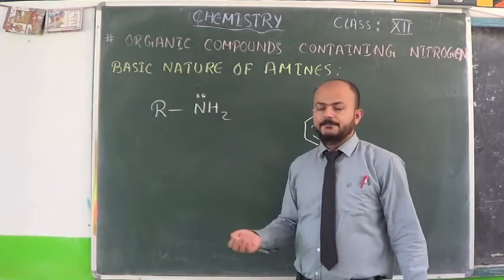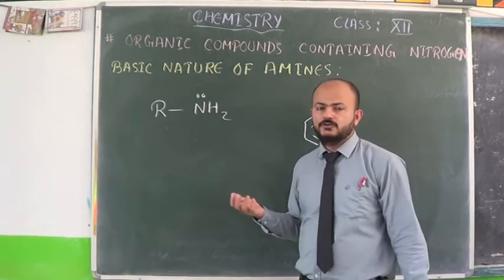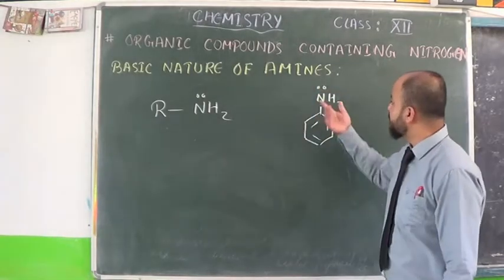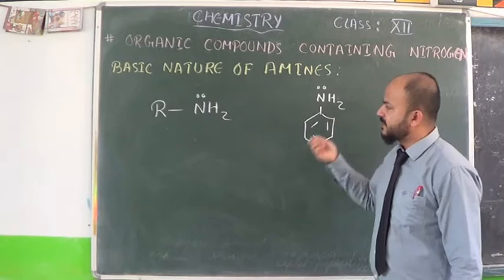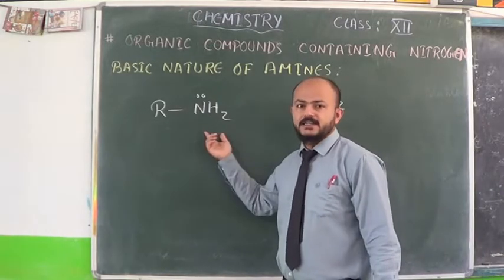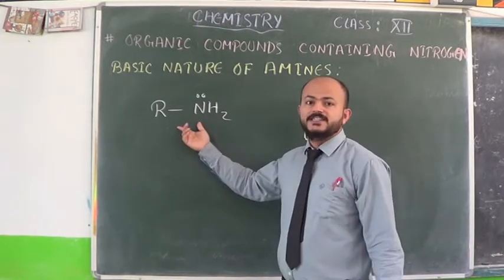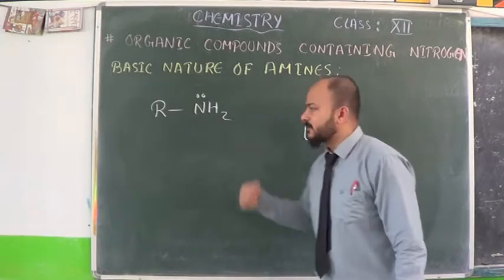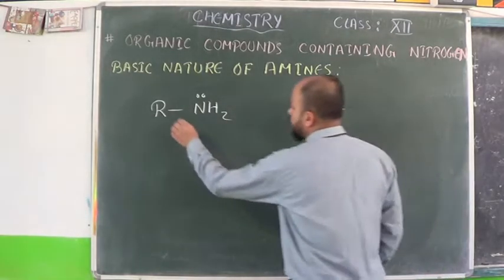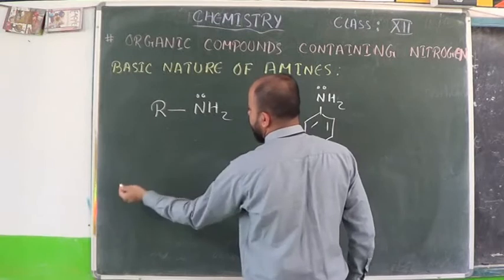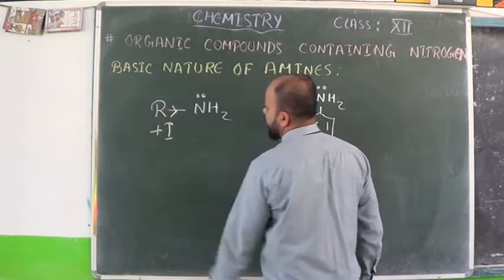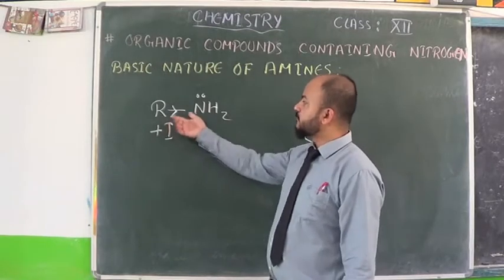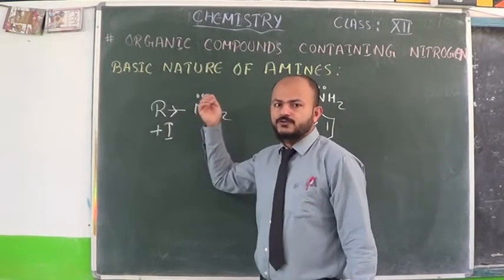Now we have to again compare their basic strength based on the availability of the lone pair over nitrogen. Let's see what factors account for the basic strength. Here, R is an alkyl group. This always shows plus I effect. Plus I effect will increase the electron density over nitrogen.